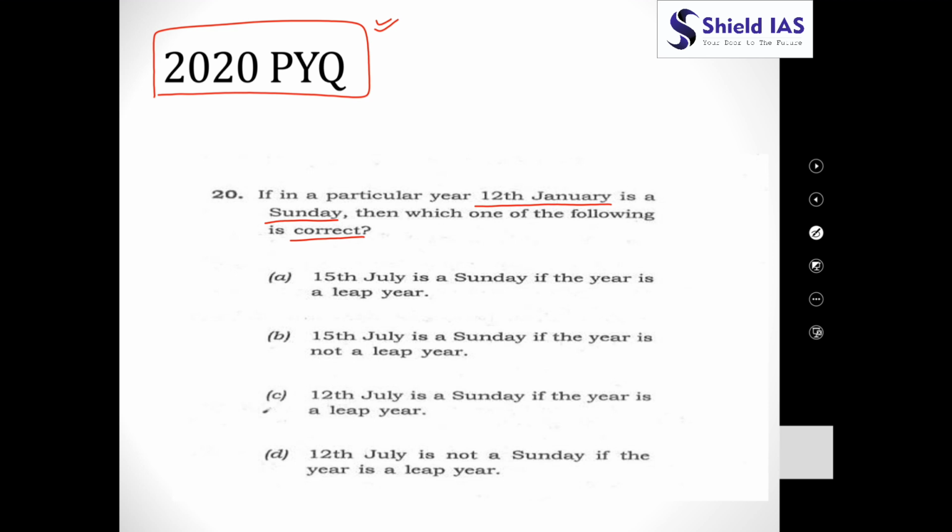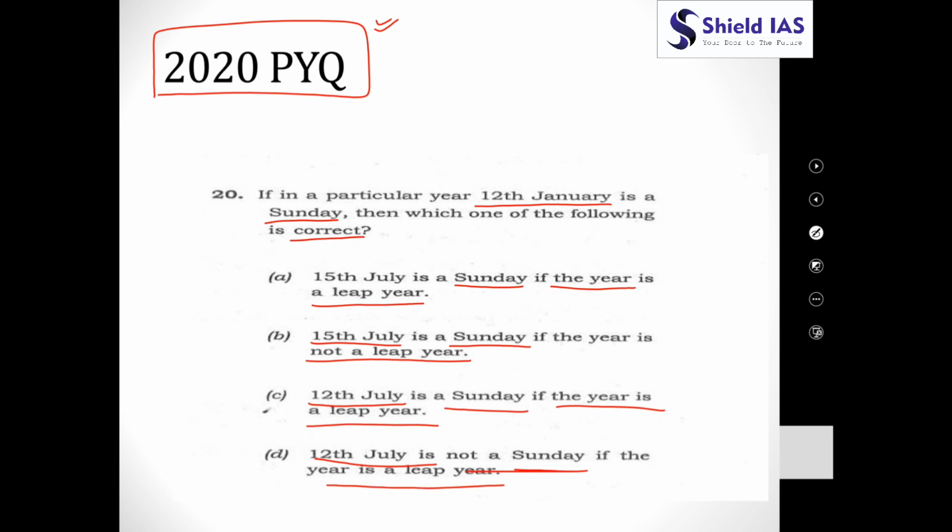Option 1 says that 15th July is a Sunday if the year is a leap year. Second, 15th July is a Sunday if the year is not a leap year. Then it says 12th July is a Sunday if the year is a leap year, and 12th July is not a Sunday if the year is a leap year. I have to identify which statement is correct. So we will be taking two cases.